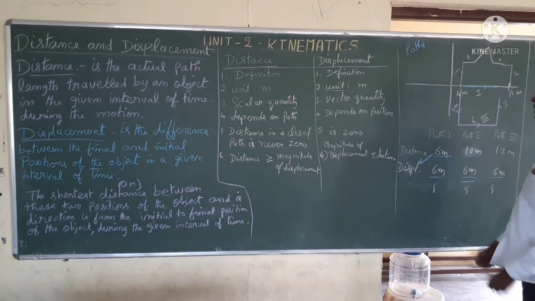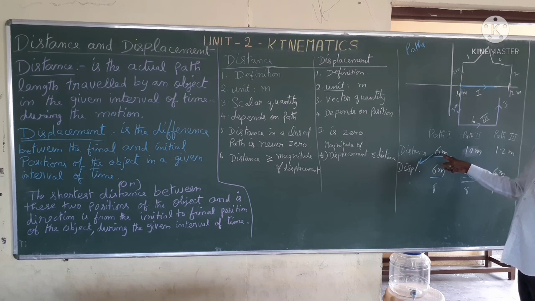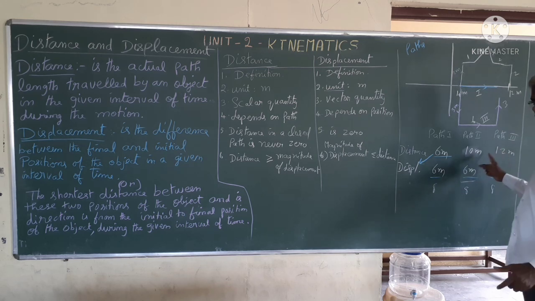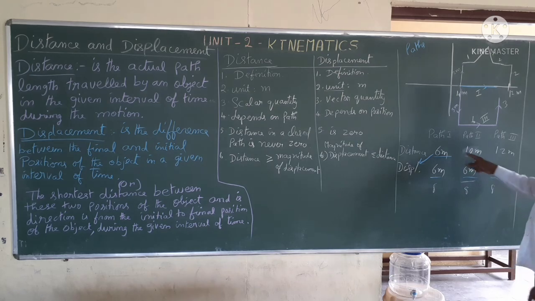In the sixth point, you see distance is always greater than or equal to displacement. See that displacement is 6, distance is also 6. So distance is equal to displacement, and distance is greater than what?